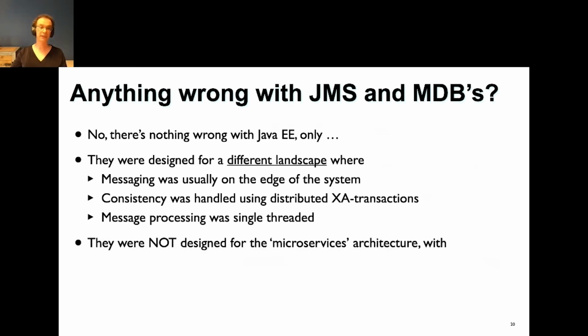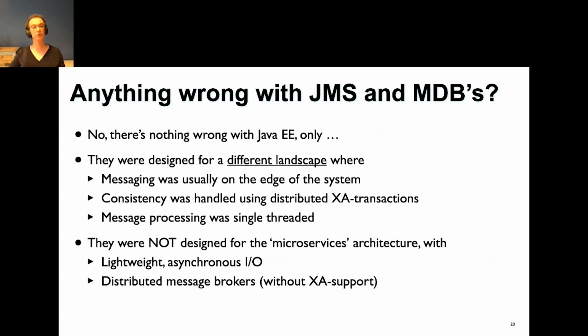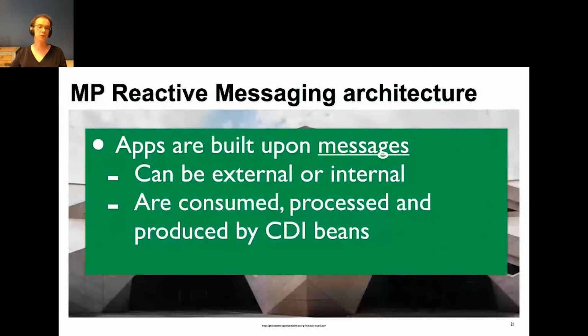So JMS and message-driven beans were not designed for the microservices architecture, where we have lightweight asynchronous I/O. We have distributed message brokers that don't have XA support, and an architecture with internal message processing, like microservices or CQRS, that have messages flowing between our components.